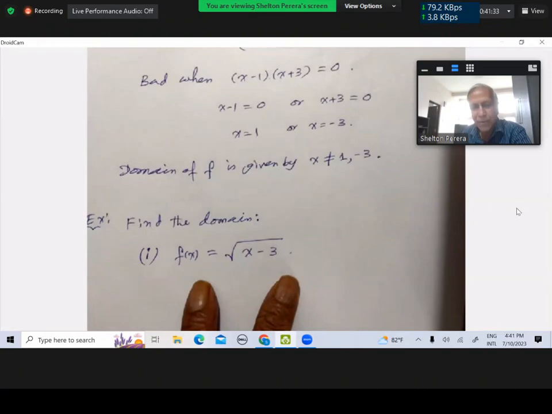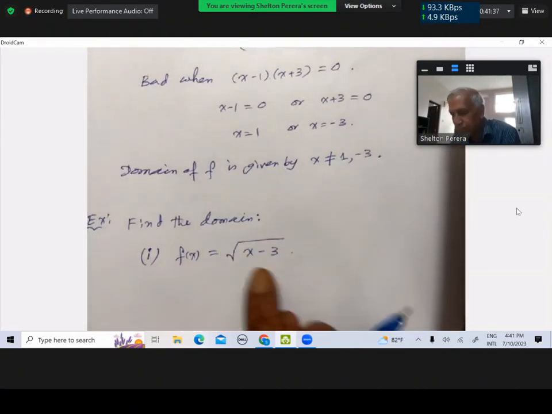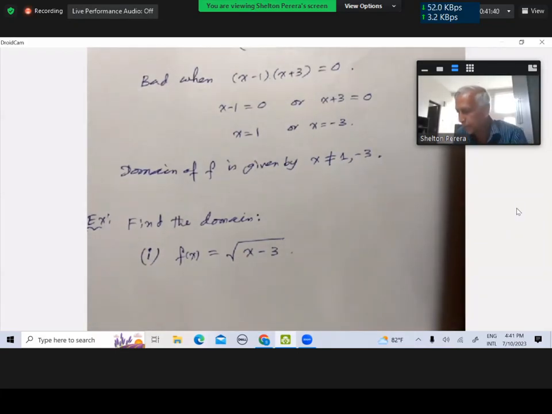What is the domain of this function? There is a square root. Remember, when there is a square root, inside should not be negative.